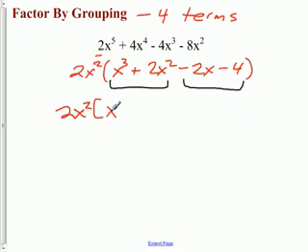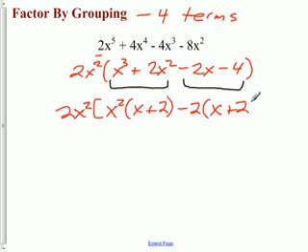Common term here, x squared. What's left over? x from the first one, 2 in the second. Now since there's negatives, I'm going to pull out a negative 2, and that leaves x from the first term and a positive 2 from the second term.